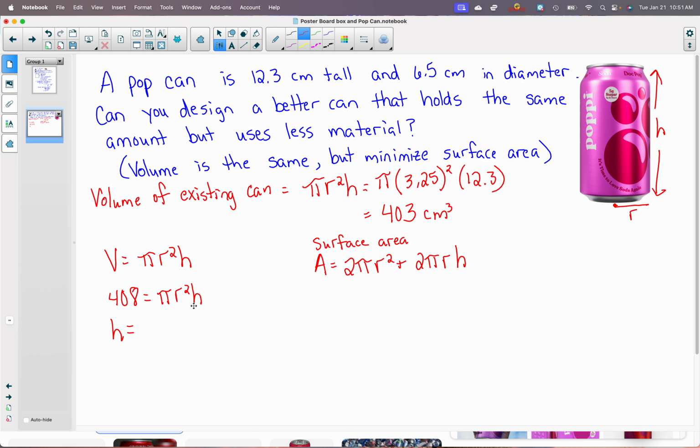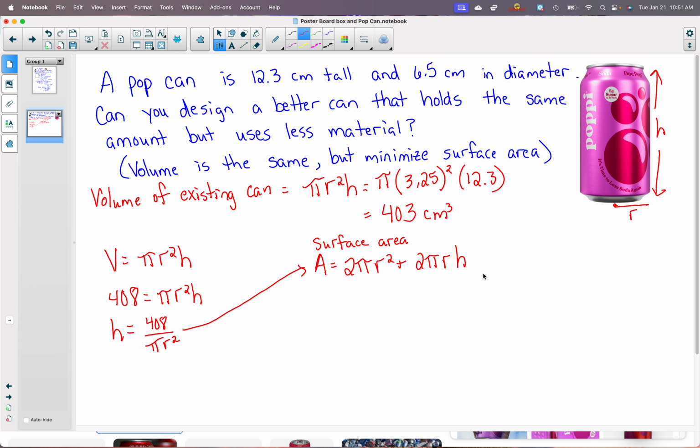So when I solve for the height, I get the height is 408 over pi r squared. So what that's going to allow me to do is take this and plug it in up here. In place of the h, I'm going to put this expression. I had too many variables.